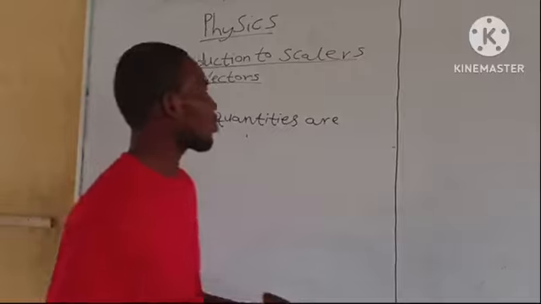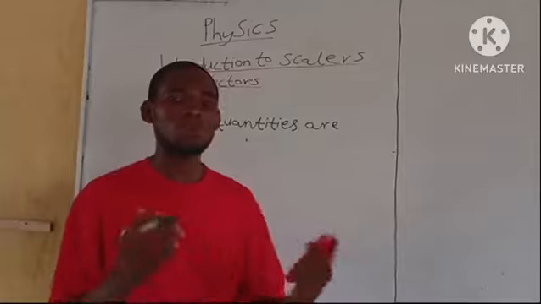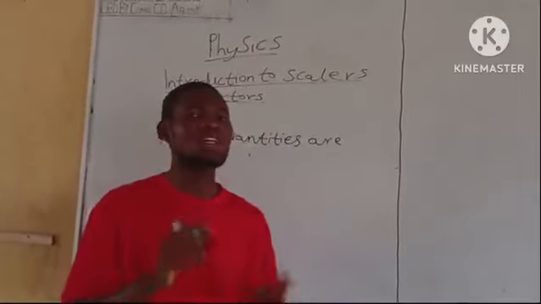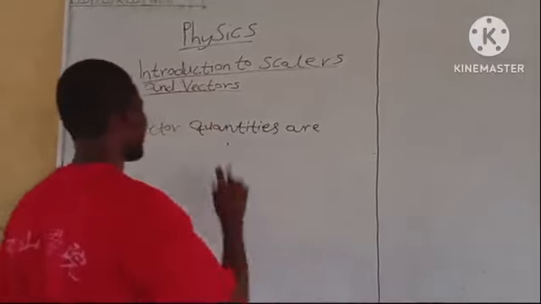Now, what are vector quantities? Vector quantities are physical quantities that have both magnitude and direction.